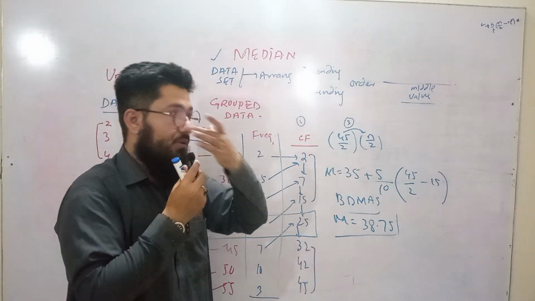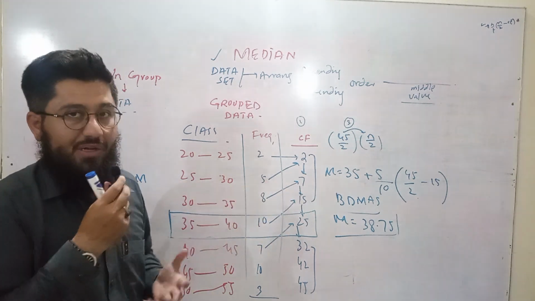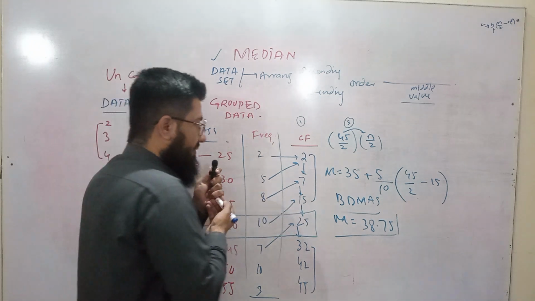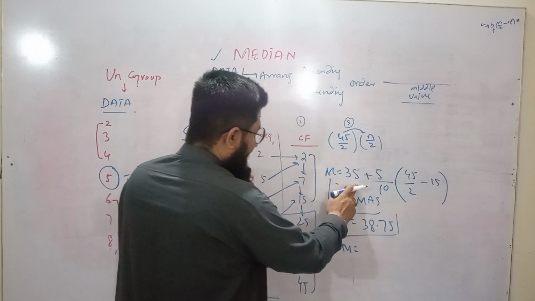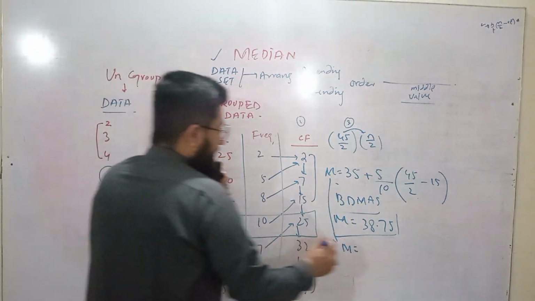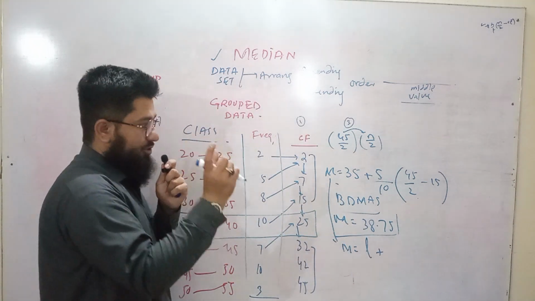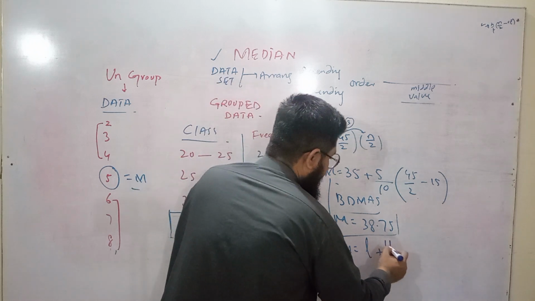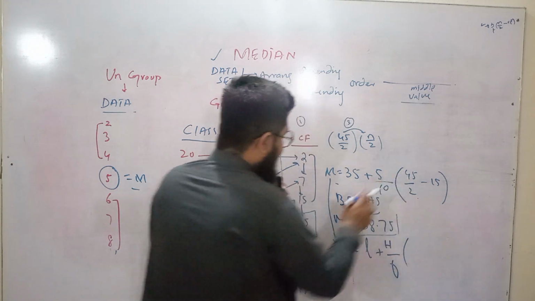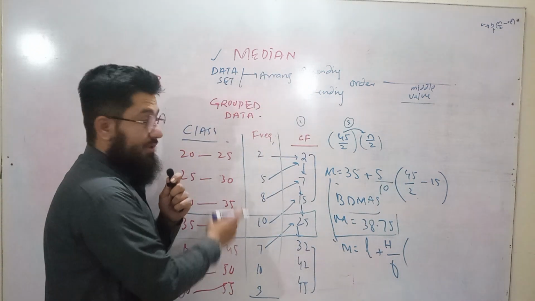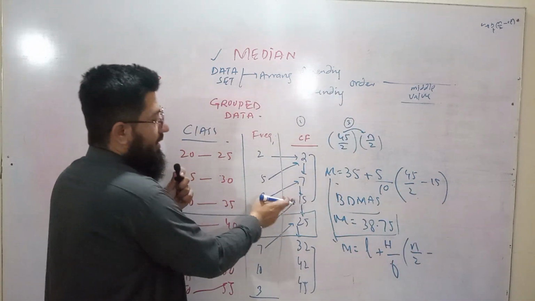So if you want to make the formula from this data that you just extracted, here is again the formula for you. The formula is actually simple. Right here, M. 35 is our lower class limit, the value of the lower class, L, plus. 5 is the height of the class or the range of the class, right here, H. And 10 is the frequency, right here, F. And 45 is the total number, or the sum of the frequencies, so right here, N divided by 2 minus 15, which is our cumulative frequency.